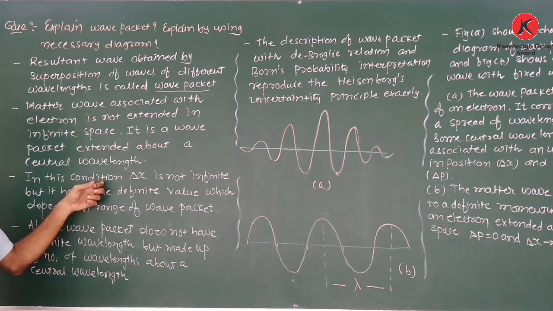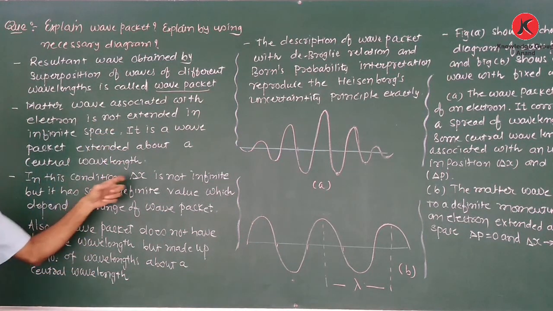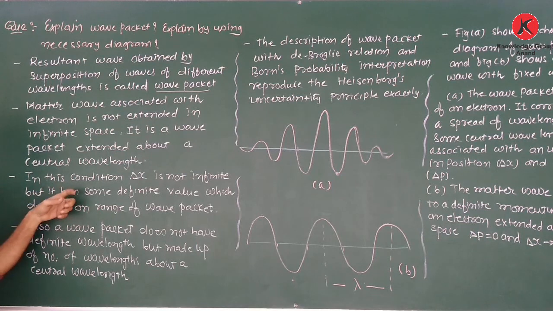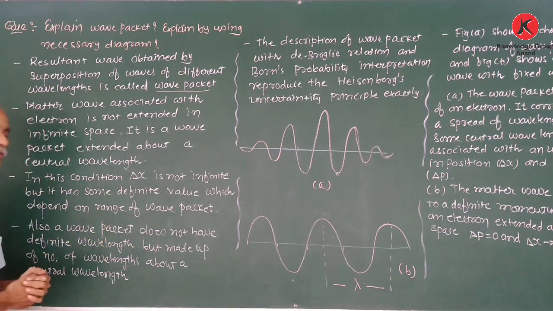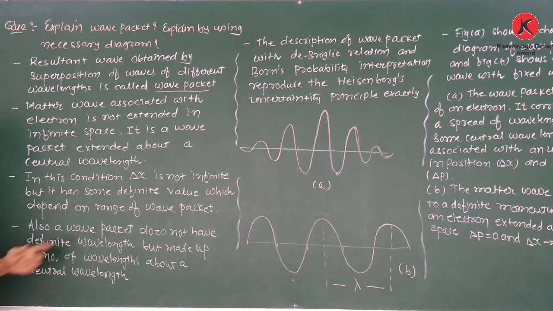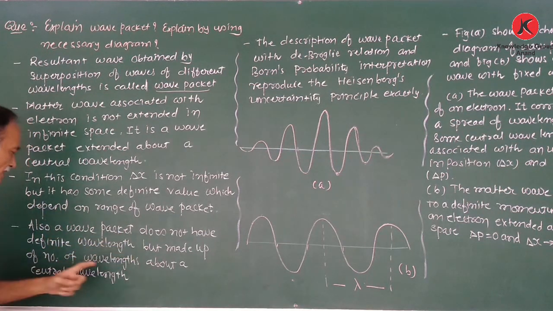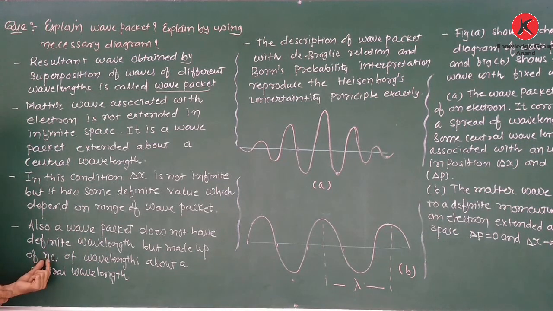In a wave packet, delta x is not infinite, but has some definite value which depends on the range of the wave packet. Also, the wave packet does not have a definite wavelength, but is made up of a number of wavelengths about the central wavelength.